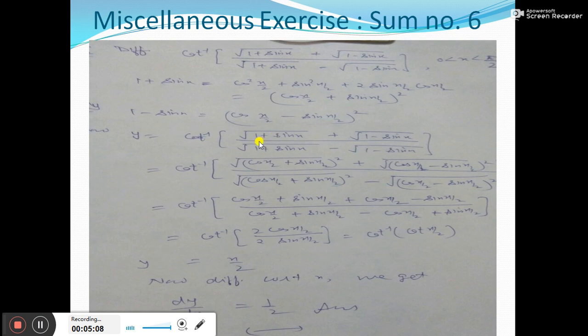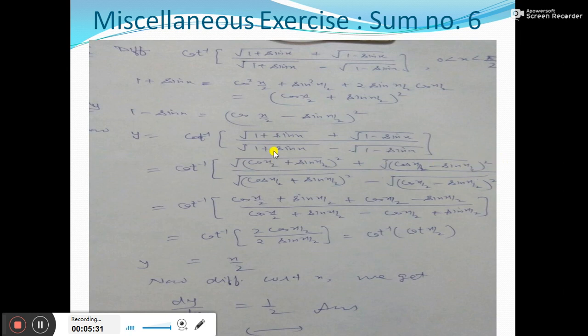This is root of 1 plus sin x plus root of 1 minus sin x, over root of 1 plus sin x minus root of 1 minus sin x. Substitute these values, it becomes cotangent inverse of the root of cos x by 2 plus sin x by 2 whole square, and the root of cos x by 2 minus sin x by 2 whole square.